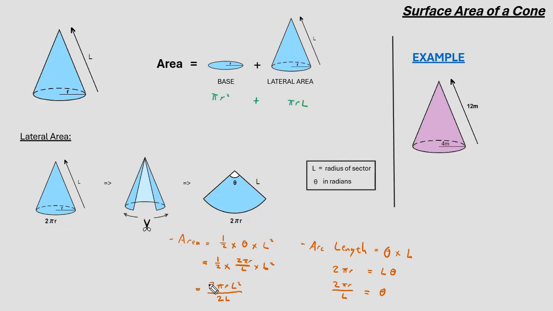And from here, the 2's cancel along with one of the L's on top and one L below, and that leaves us with pi r L, which is exactly what we showed at the beginning as our sum to find the area of the curved surface, the lateral area.